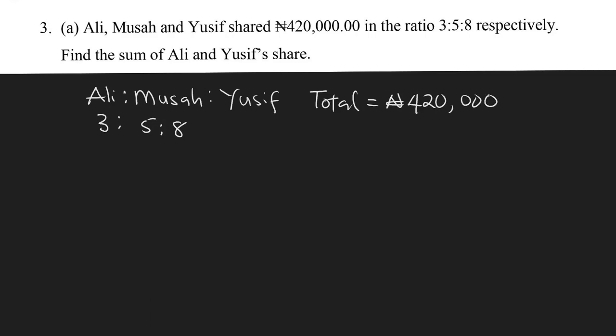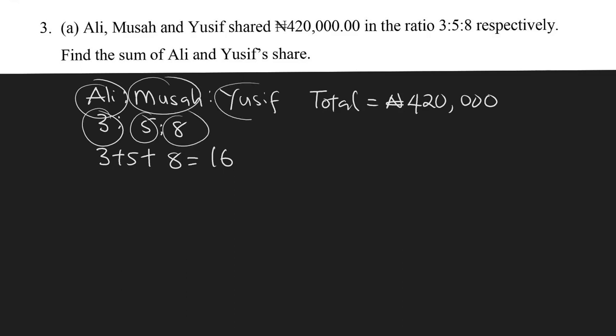The first thing to do is to add the ratios together. So 3 plus 5 plus 8 is equals to 16. Since it is arranged respectively, this 3 is for Ali, this 5 for Musa, and this 8 for Yusuf.